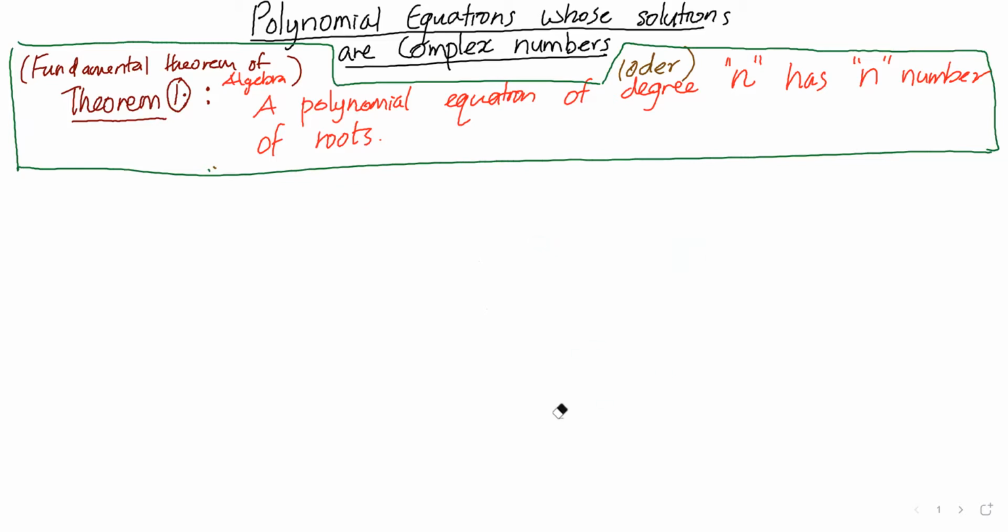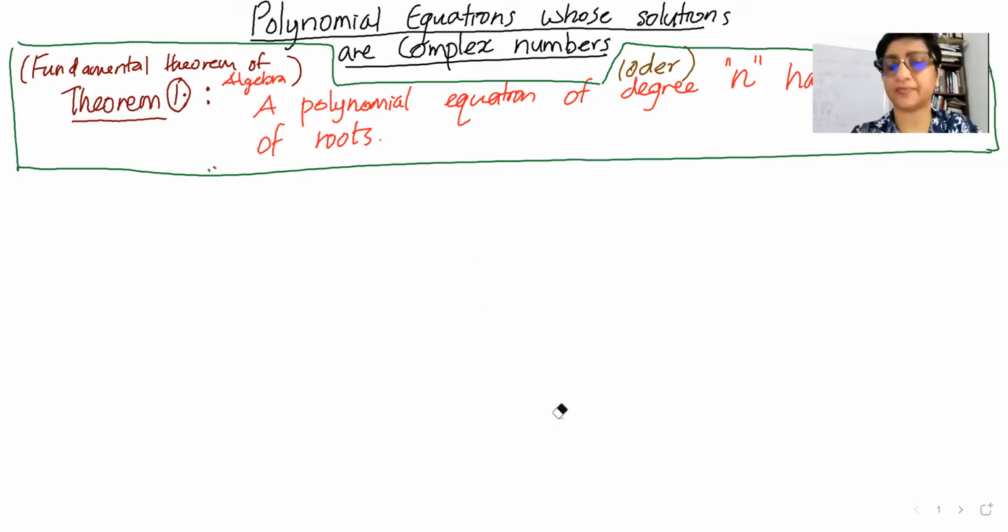Any quadratic will have 2 roots. What happened in that case was just that the roots were not real. They are complex. And now we will be finding those.